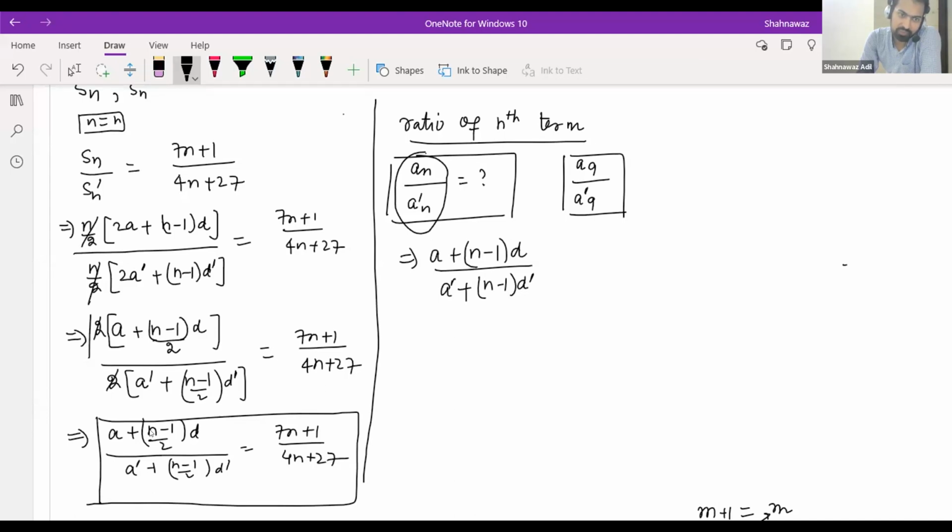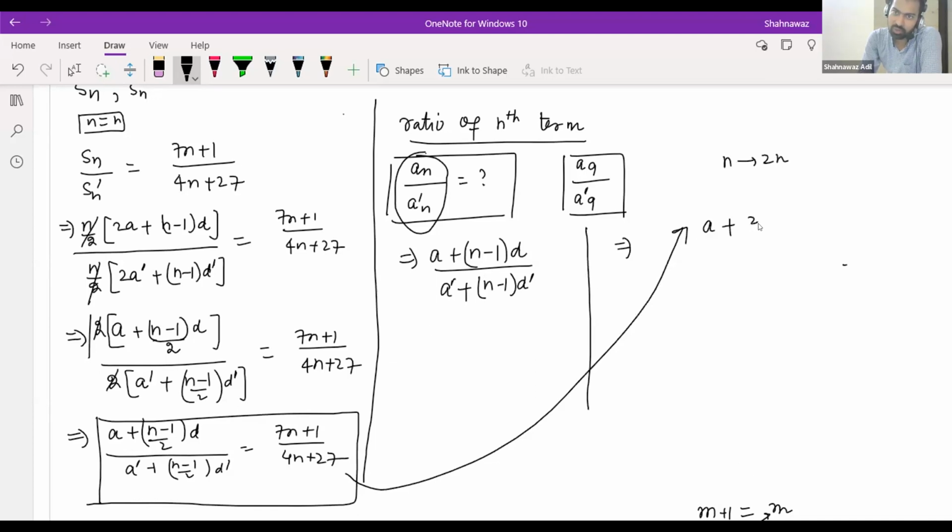If I replace n with 2n, this would be a plus (2n minus 1) by 2, into d.